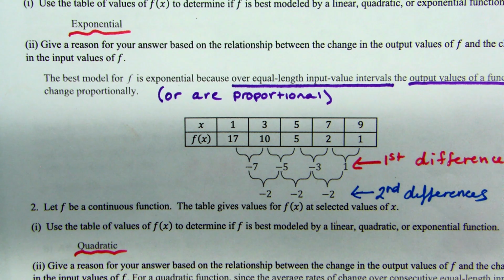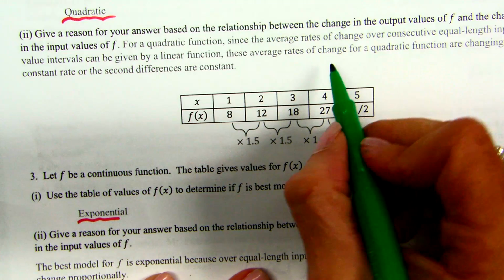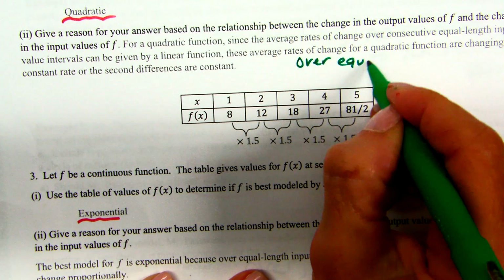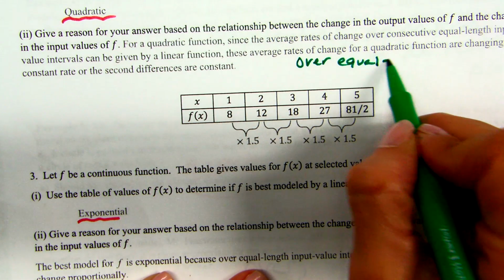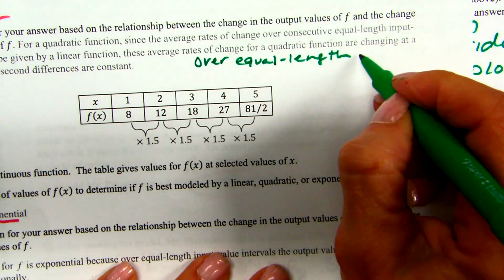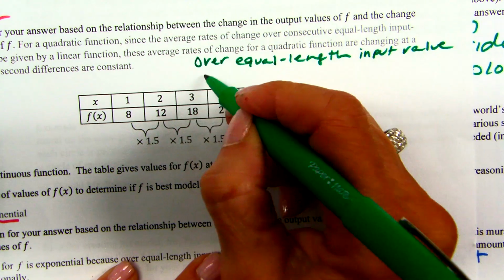And I'm going to actually write my own. I don't like the way they wrote this. Over equal length input value intervals. We always start with that.